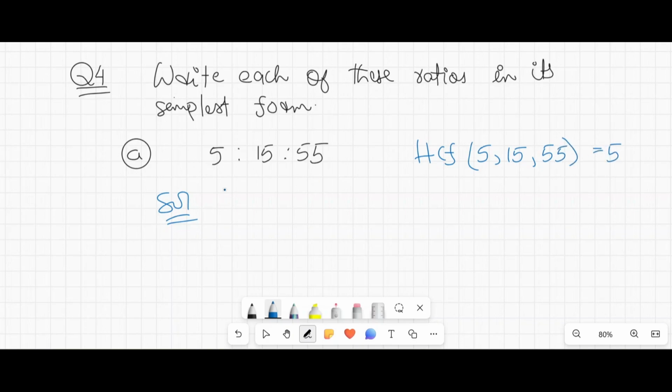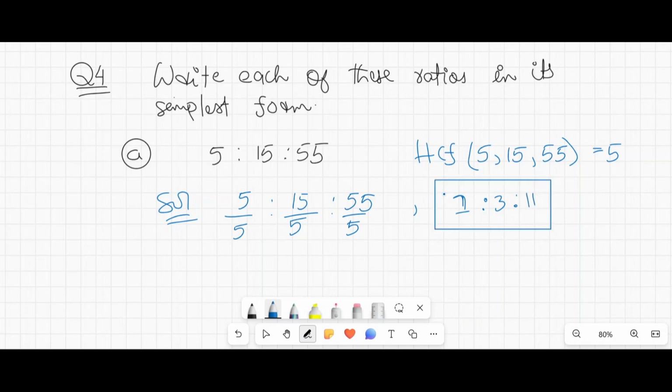Divide all three by 5: 5 divided by 5 is 1, 15 divided by 5 is 3, and 55 divided by 5 is 11. So we get 1 ratio 3 ratio 11. This is our answer.